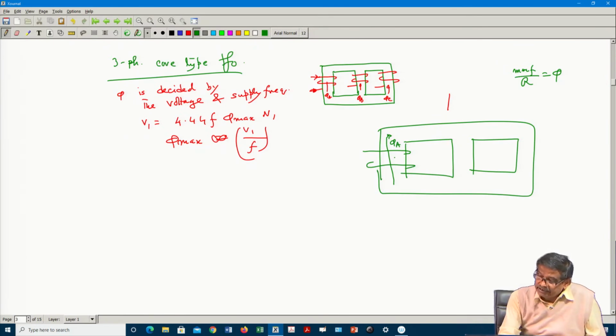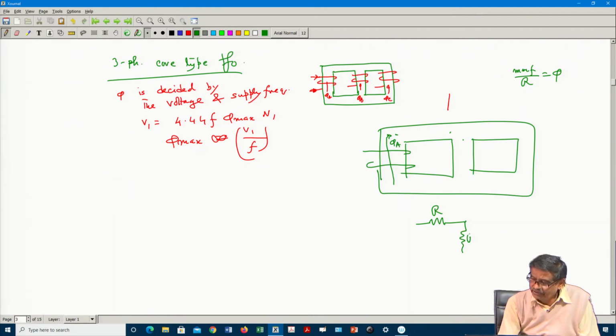Now, the reluctance seen by phi A is decided by what? Suppose this reluctance is r, and this reluctance is r. I am trying to tell you very simply. Here is a reluctance. Let us assume all these reluctances are the same, here to here, here to here.